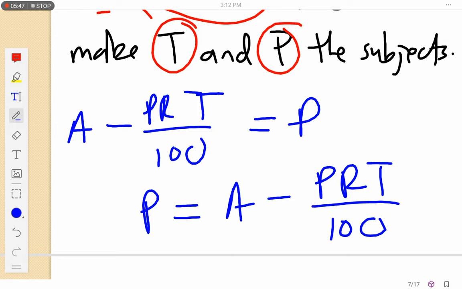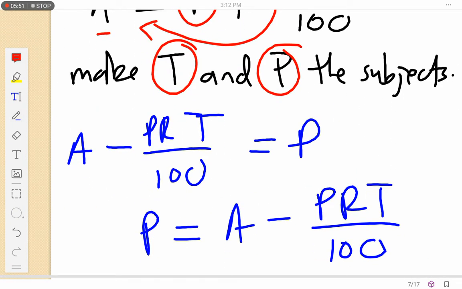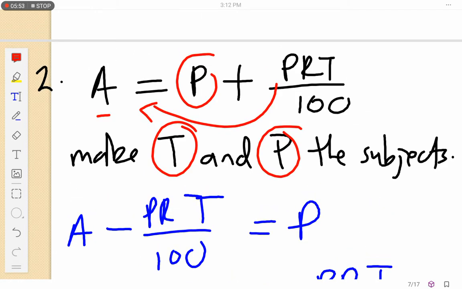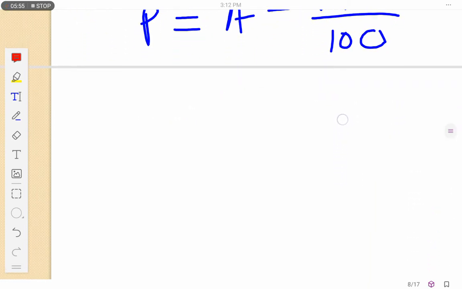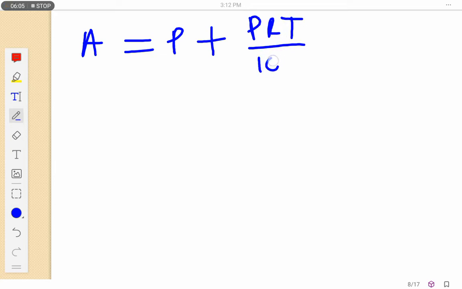Now let's make T the subject of formula. I'm going to start from the equation there. Let me rewrite the equation. We have our equation as A is equal to P plus PRT over 100, and we want to make T the subject of formula.